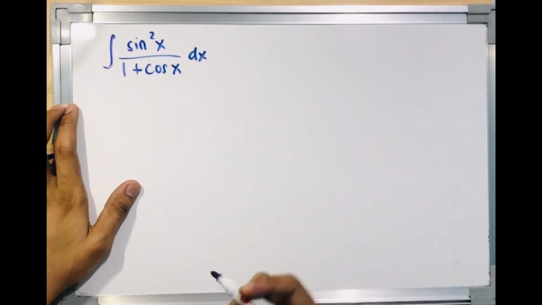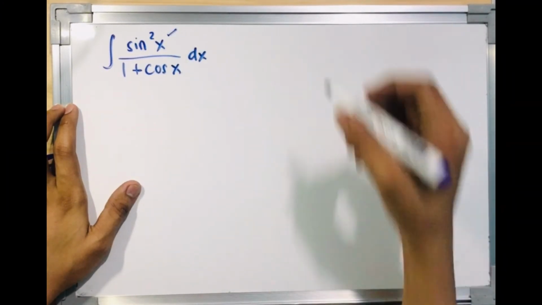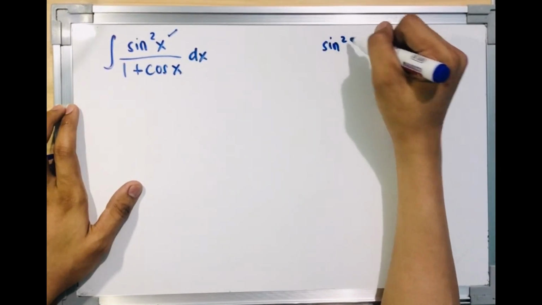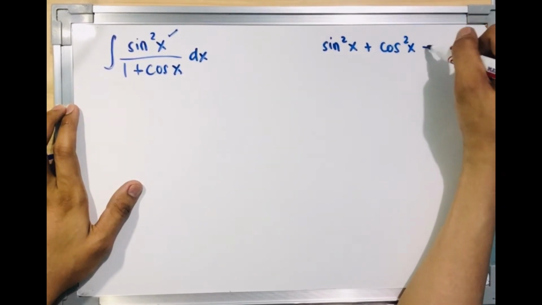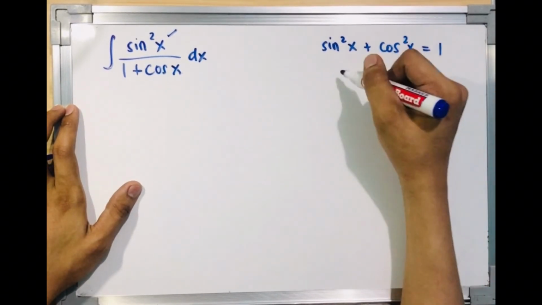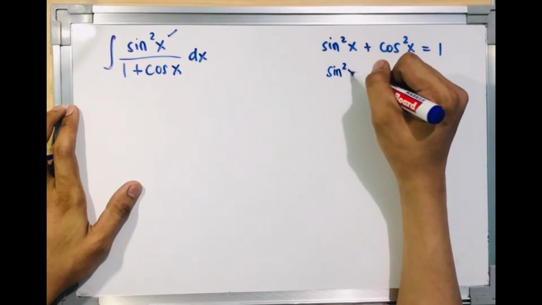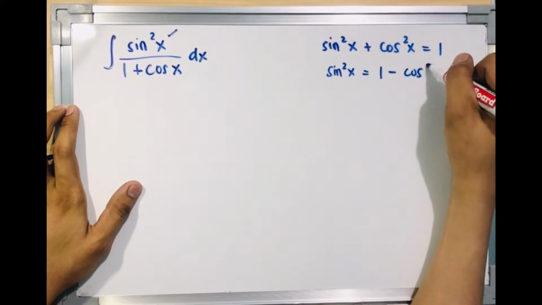At ano nga ba yung identity na alam natin? Which is dito natin i-implement sa sine squared of x. That's sine squared of x plus cosine squared of x is equal to 1. And then, rewriting na nasa left ang sine squared of x. Sine squared of x is equal to 1 minus cosine squared of x.